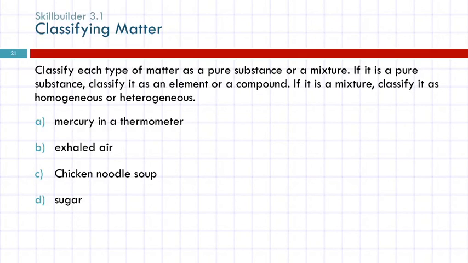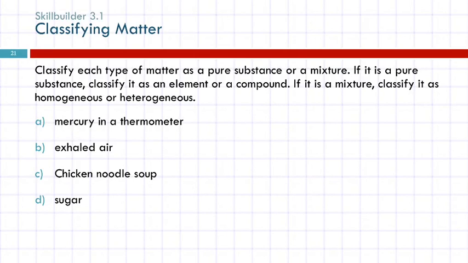How do we figure out if it's an element or a compound? If it only has one kind of atom in it, then it's an element. On the periodic table, which we may not be very familiar with yet, there's an element named mercury. So if you can find the name of whatever you're looking at on the periodic table, it's going to be an element.